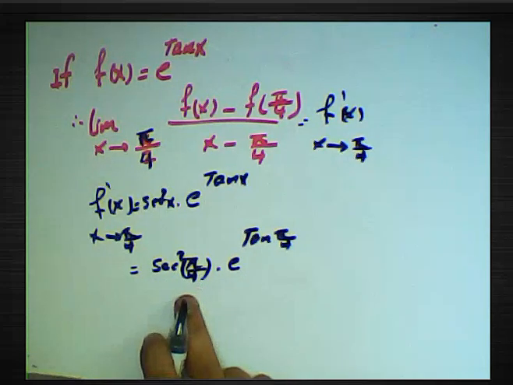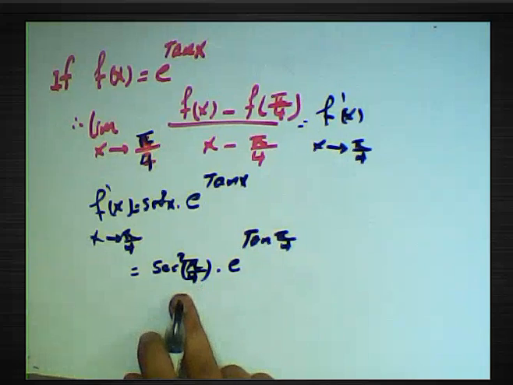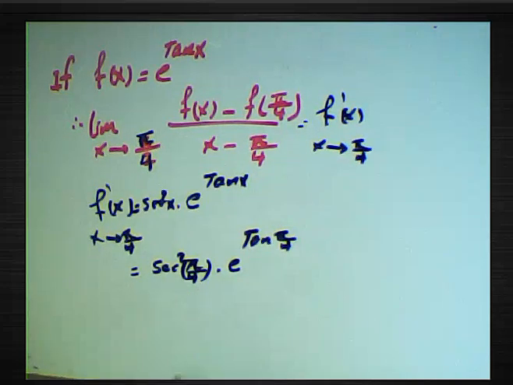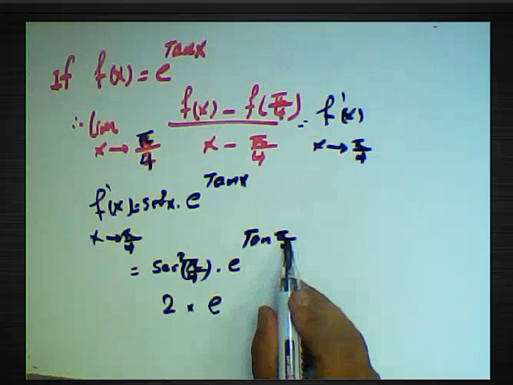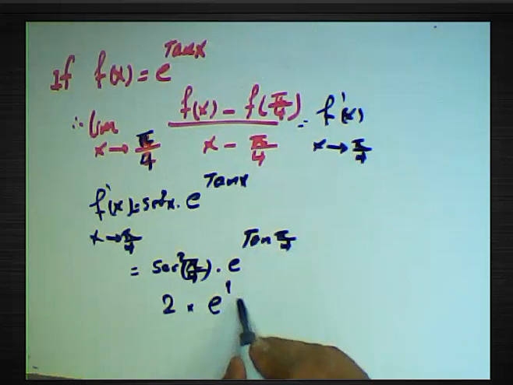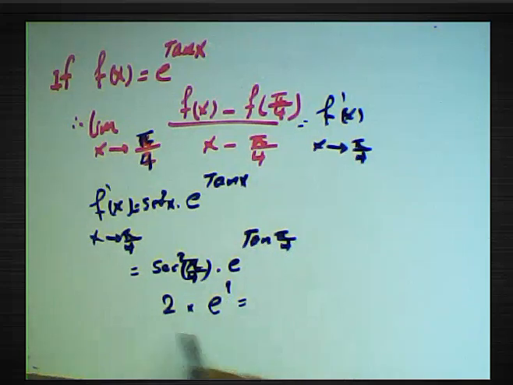Cosine π/4, meaning 45 degrees, cosine 45 equals 1 over root 2. Squared equals half, and the inverse of half is 2. And here e^(tan π/4) is e^1, which equals e, times 2. The result will be 2e.